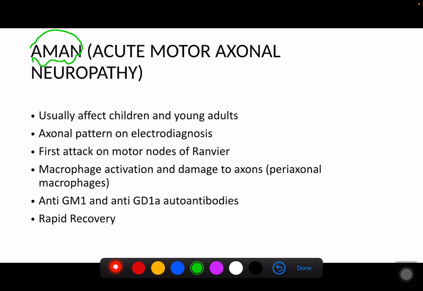AMAN is acute motor axonal neuropathy. It usually affects children and young adults, with an axonal pattern on electrodiagnosis. The first attack is on motor nodes of Ranvier, with macrophage activation and damage to the axons, and anti-GM1 and anti-GD1a autoantibodies.